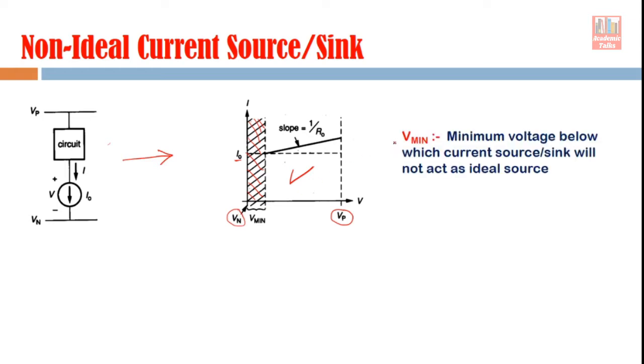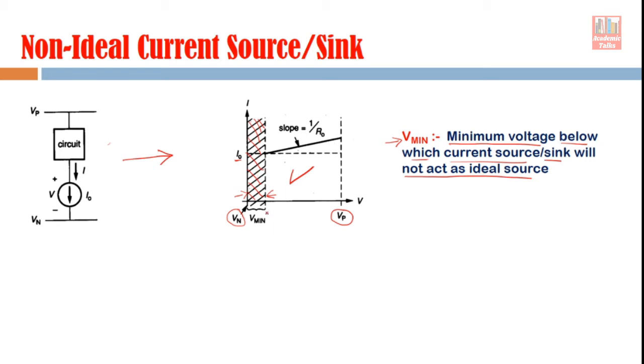So that voltage here is defined as V minimum. Starting from Vn to this particular voltage. So V minimum, that is the minimum voltage below which your current source, or current sink, sorry, will not act as an ideal source. So this portion, the shaded portion, we are talking about.